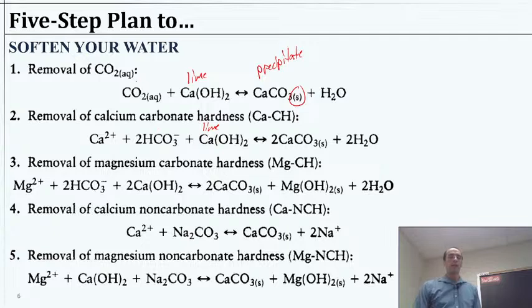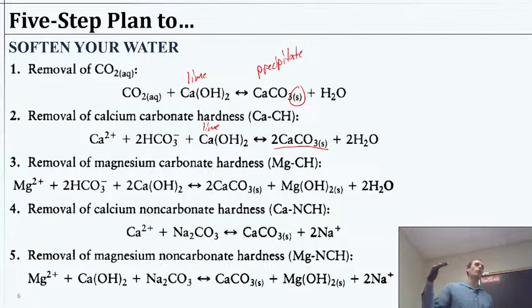So in this case, it's very similar to what was already going on, but we're just spurring this reaction on, adding a little extra lime. Again, we're going to get calcium carbonate as a product.